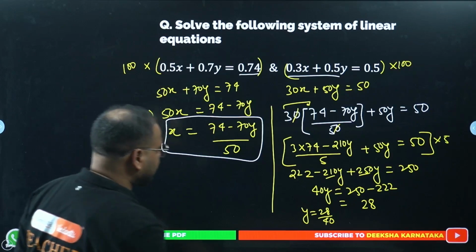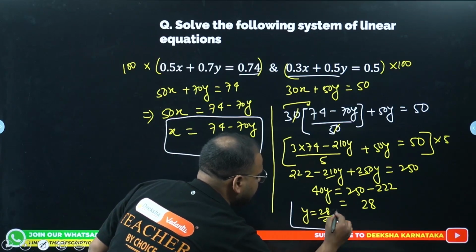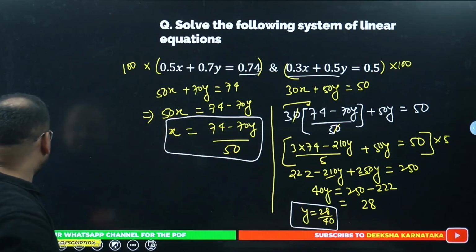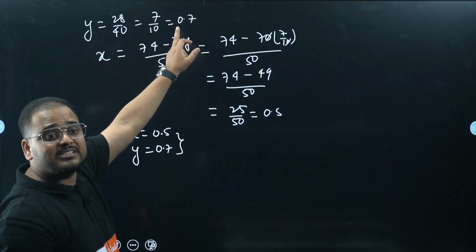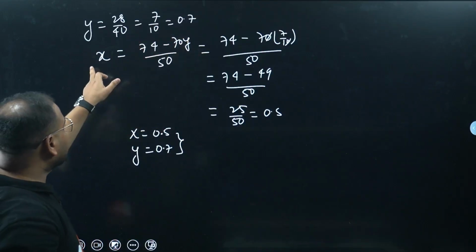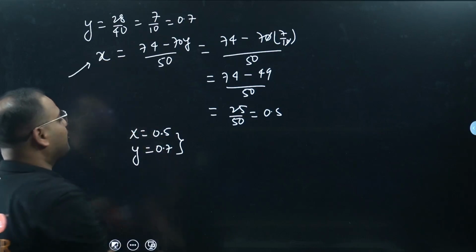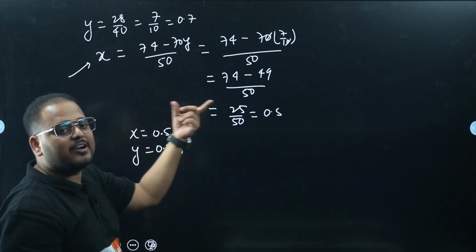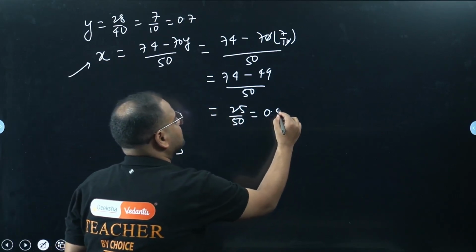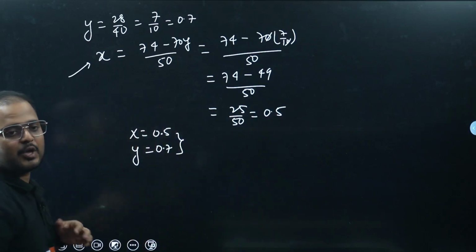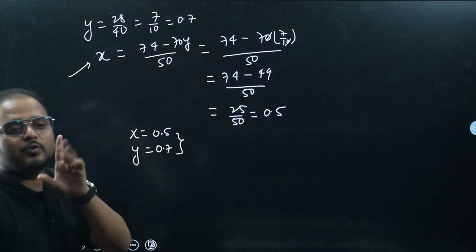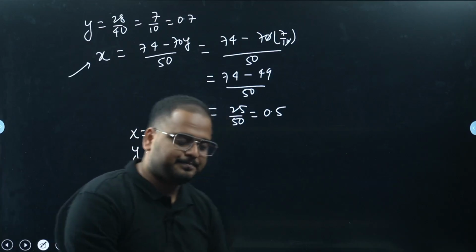Simplified it here to get 0.7, which is 7 by 10. Put it back in the equation for x, simplified and got 0.5. Equation done, question solved using substitution method.